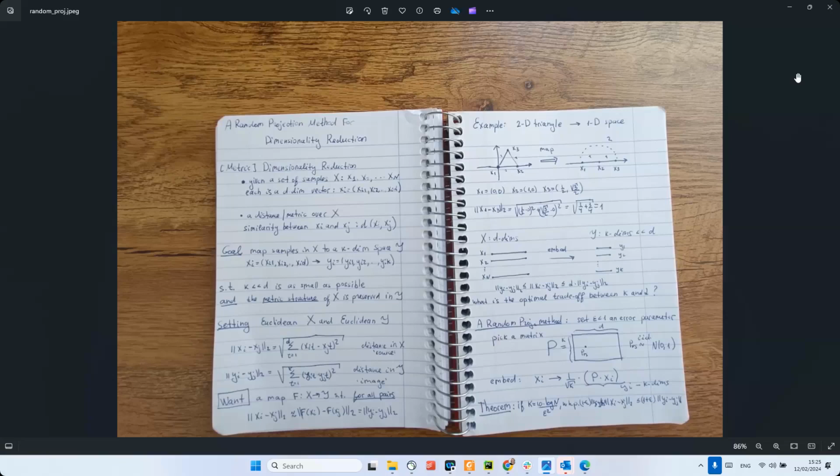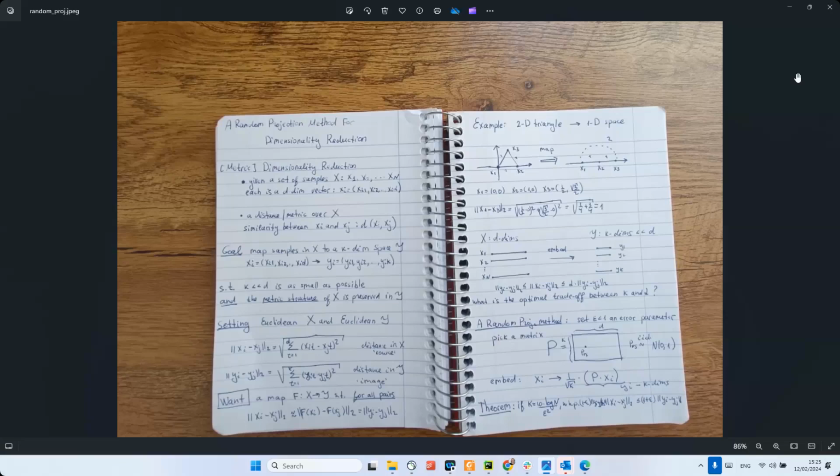And this is a very nice result. It's not so obvious. So they showed actually how large k should be. They showed that if you choose k to be, as written in the theorem here, some constant, let's say 10, basically it should be roughly log of the number of points over epsilon squared.